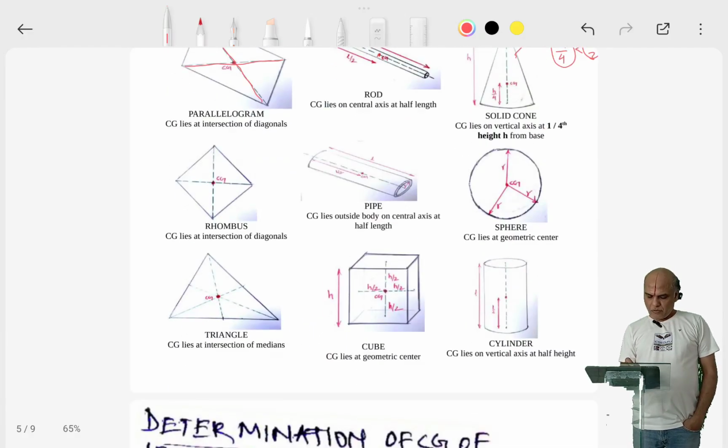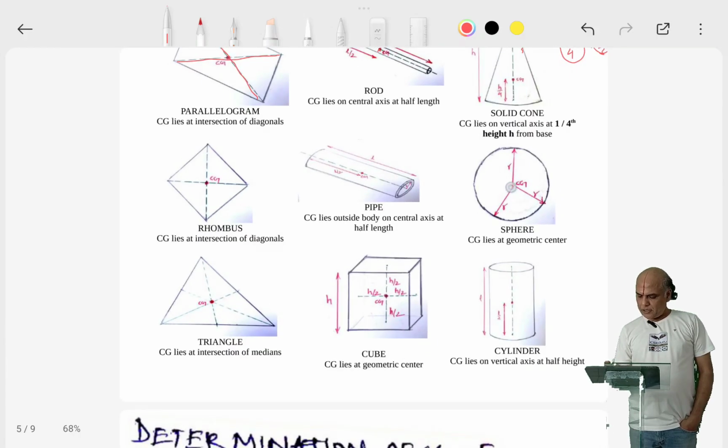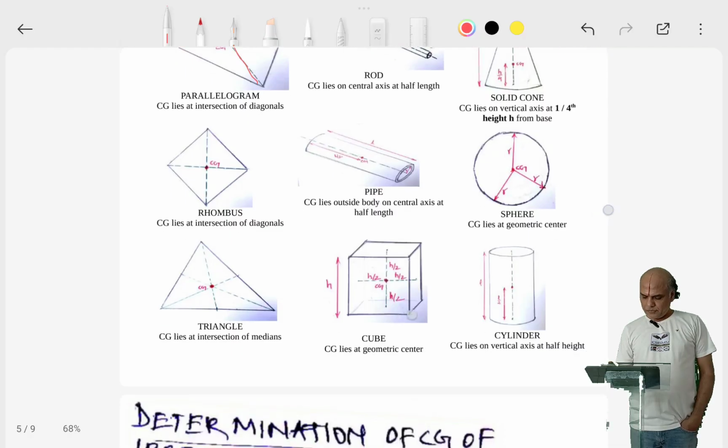For a rhombus, again the point of intersection of its diagonals. For a pipe, it lies along the central axis at the midpoint of the length of the pipe. And for a sphere, it is at the geometric center of the sphere.